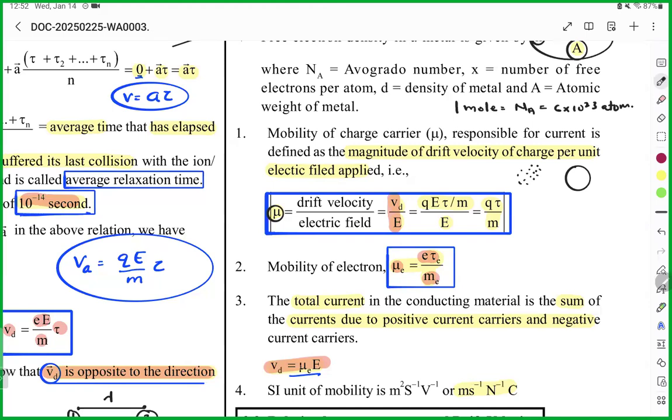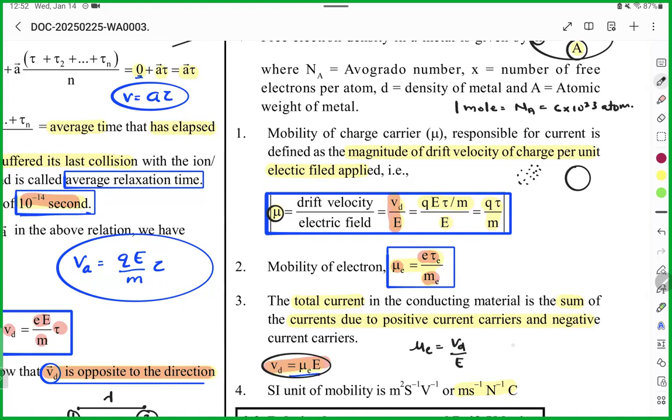Next, if you want to calculate the total current, then you can use the method of drift velocity also. How? Mobility of the electron will be drift velocity upon electric field.